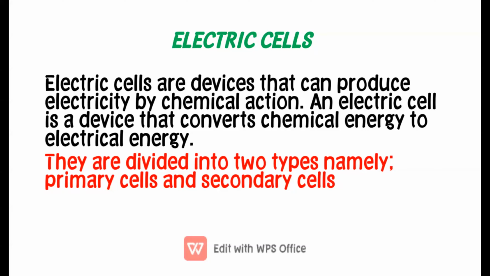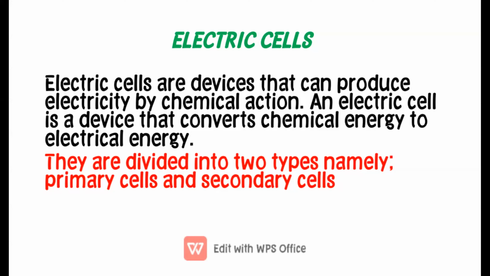That electrical energy is then converted to other forms of energy. And cells are divided into two classes or two types. We have the primary cells, and we also have secondary cells.